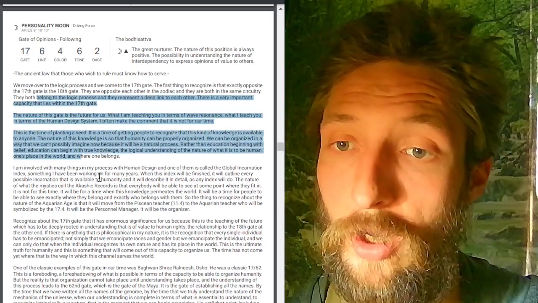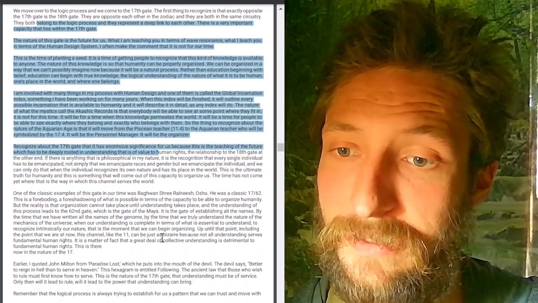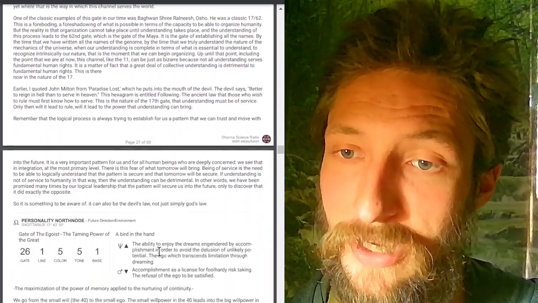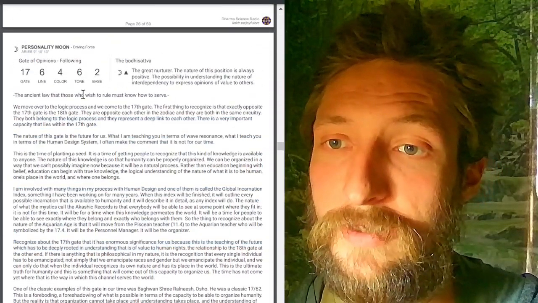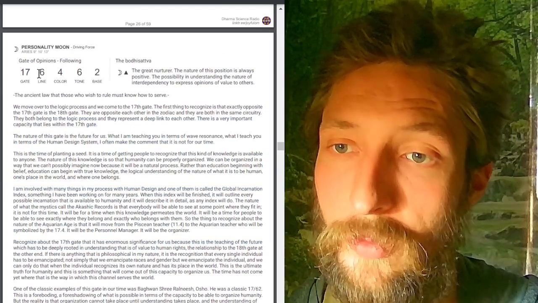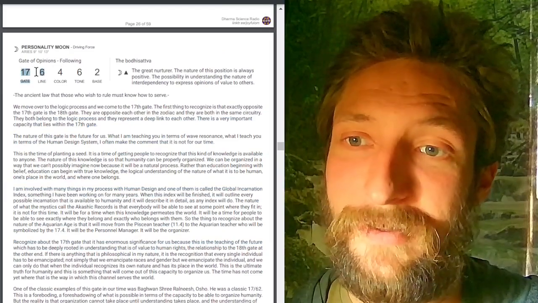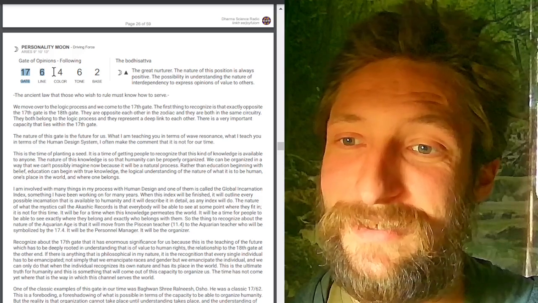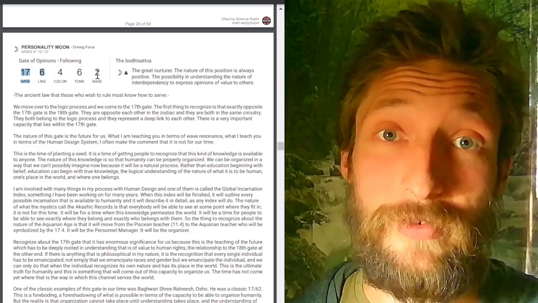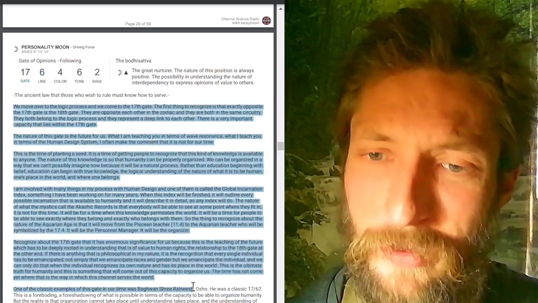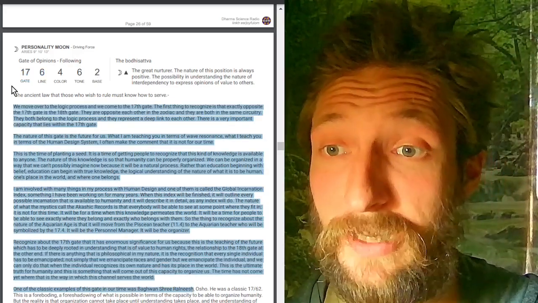So basically all of this here that you can see, all of this page and a half or so, this page of information, this is all about the line of a gate. That's it. There's still the color, the tone, and the base underneath.